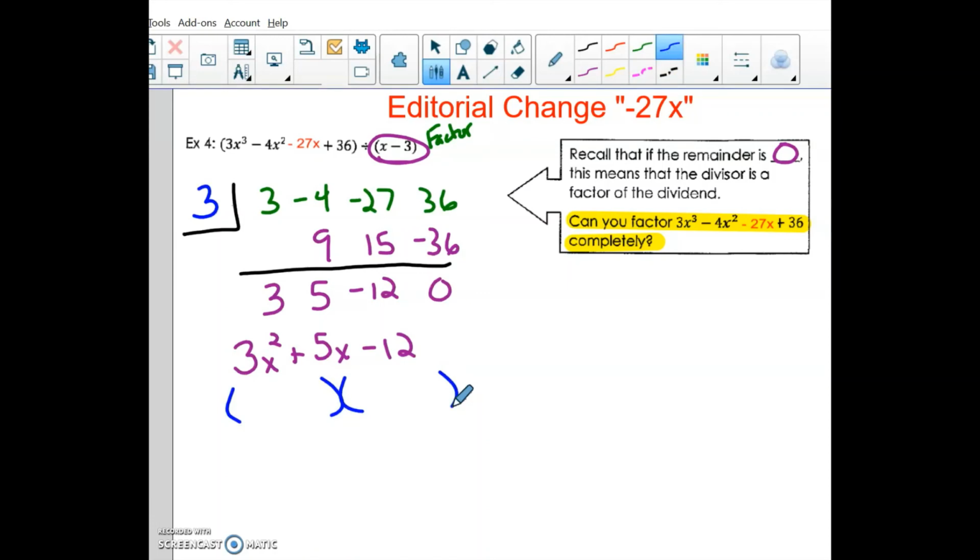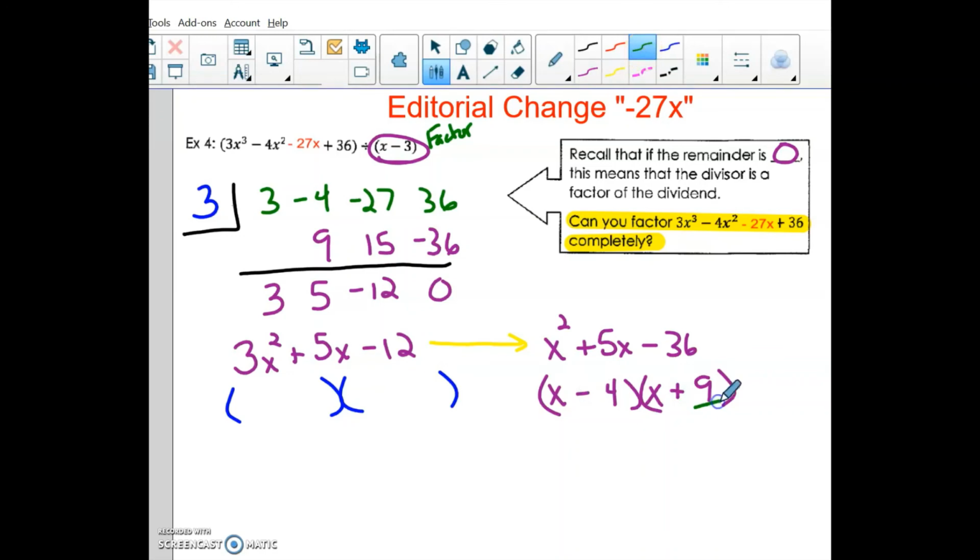Now, some of you guys are going to want to do this as slide and divide. So I'm going to move this over here using slide and divide. That's going to become x squared plus 5x minus 36. 9 times 4 is 36. Positive 9, negative 4.